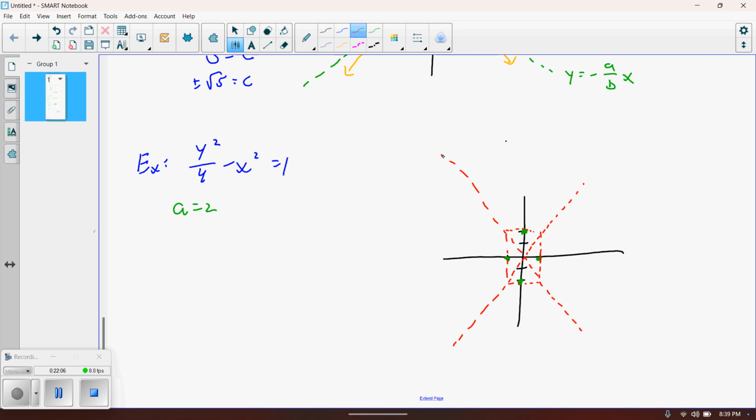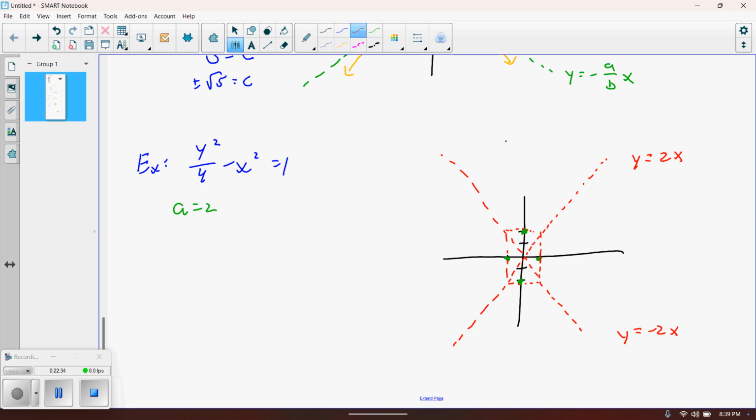And once again, the equations of the asymptotes are going to be y equals rise over run. It's going to be up 2 and right 1. So in this case, it's going to be y equals 2x. And then this one down here is the same thing, but negative slope. So it's y equals negative 2x. So there's your asymptotes. Now all we have to do is find the foci.